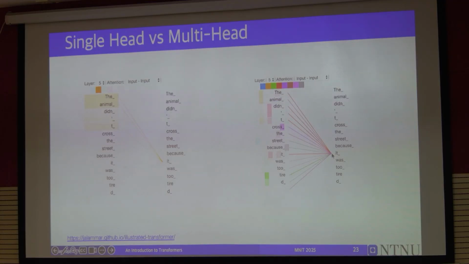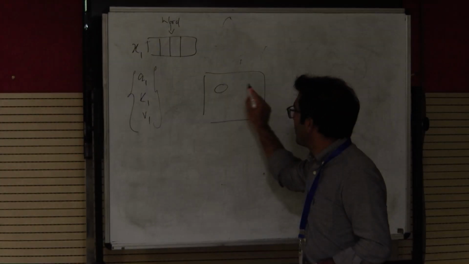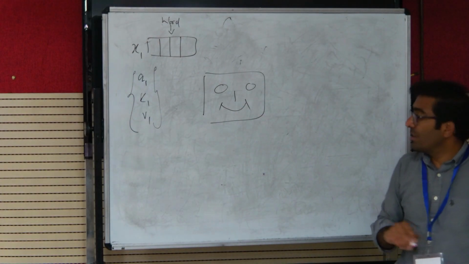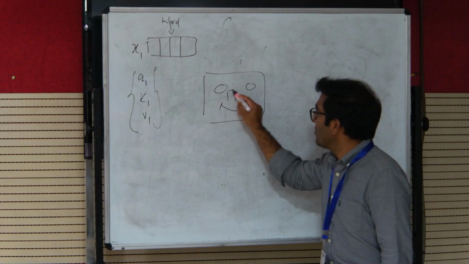Now I can simply go back to the same concept and try to use it in the case of images. So how can I use it in images? Say I have a big block of a face, and I assume that this part is missing.